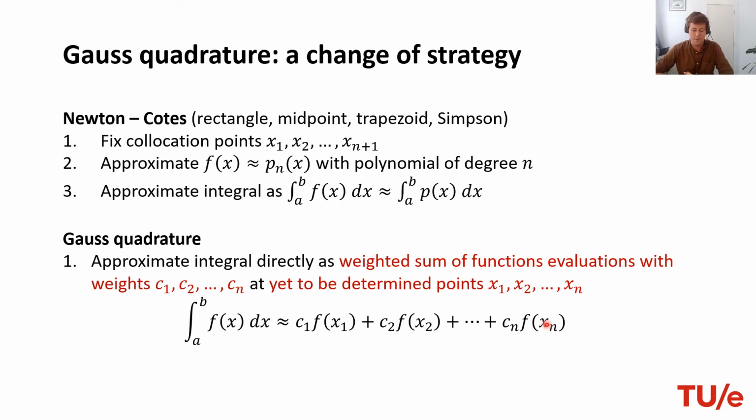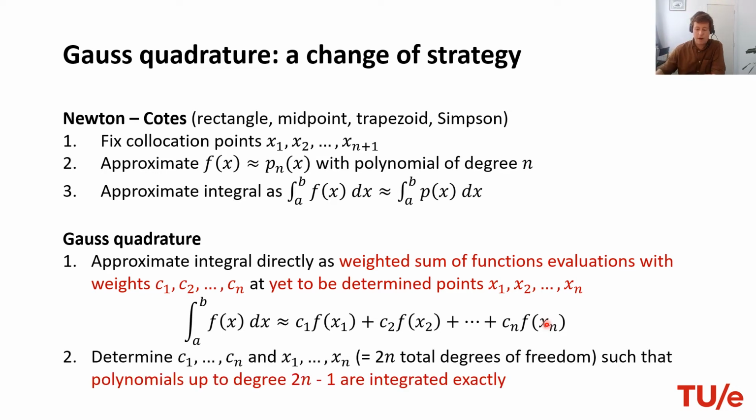So it's important to state that here both the coefficients and the evaluation points are yet to be determined. They are not predetermined here. Now, how do we determine those coefficients and the Gauss points, x1 to xn? This is in total 2n degrees of freedom.